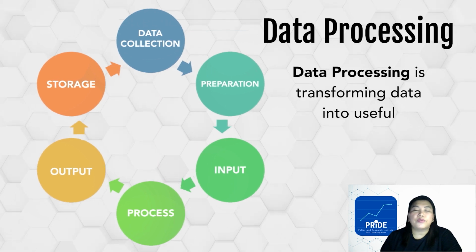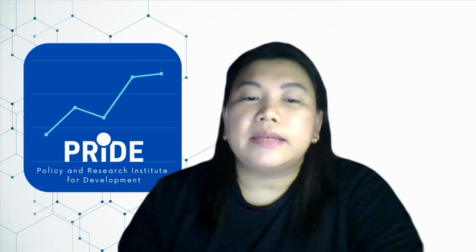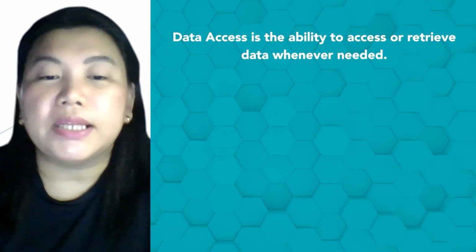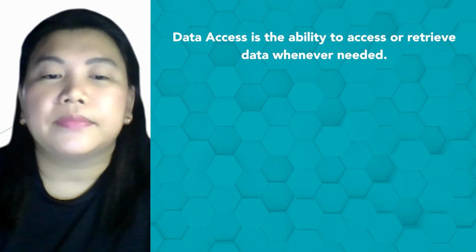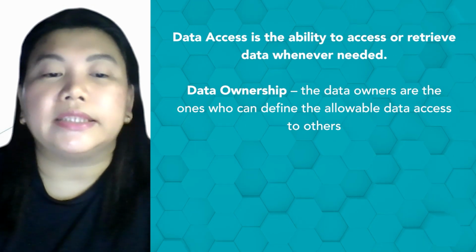That is the simple definition of data processing. As part of data management, data access is very important in an organization. Data access is the ability to access or retrieve data whenever needed. In data access, data ownership should be clearly defined.